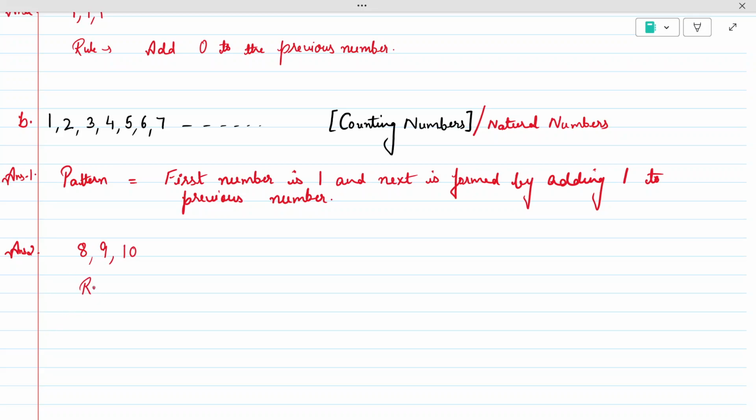And the rule is add 1 to the previous number to get the next number, right? To get next number. This is simple counting numbers or the natural numbers.